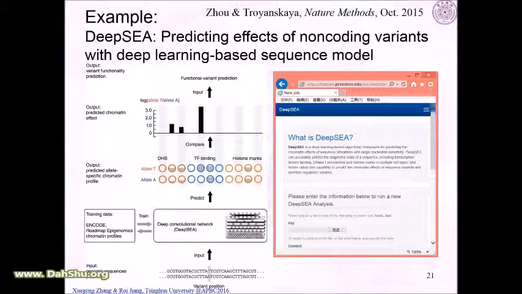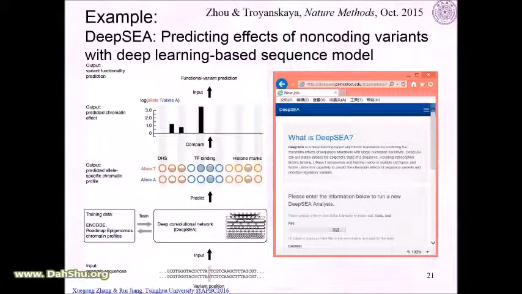And there is another impressive work also in the last year, October of 2015. A similar idea, almost the same structure. The method is called DeepSEA. That is for the non-coding variants.